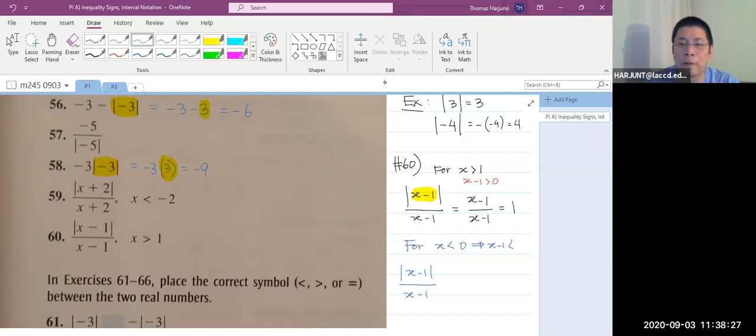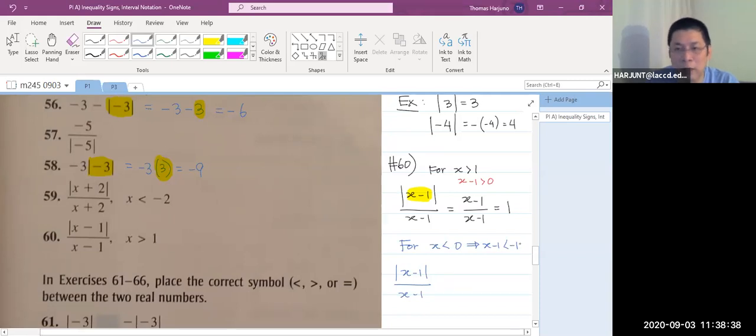No. If x is less than 0, then x minus 1 is less than negative 1, right? You subtract 1 from both sides. But if x minus 1 is less than negative 1, then it must be less than 0, right? Therefore, when I take the absolute value away from that x minus 1, I need to slap that with another negative sign to make it positive.